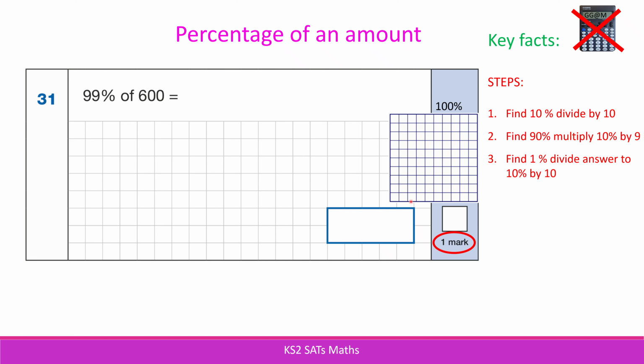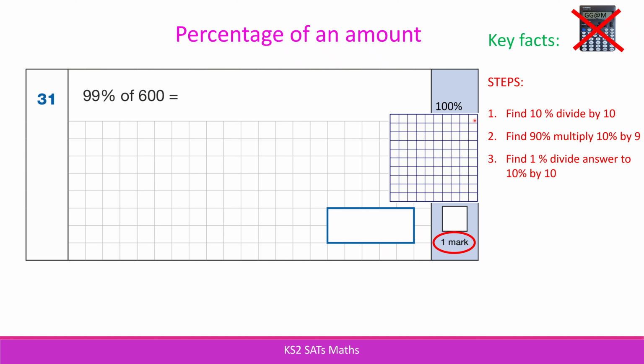Now, if I've got 100 squares in total, to find the value of one square, if I take my whole amount and divide it by 100, that will give me 1%. Or you could take the answer you got for 10%, which was one strip, divide that by 10, that will also give you 1%. So it's often easier to take the answer you've just worked out for step 1 and divide that by 10, that will give you 1%. So that's one of these squares.